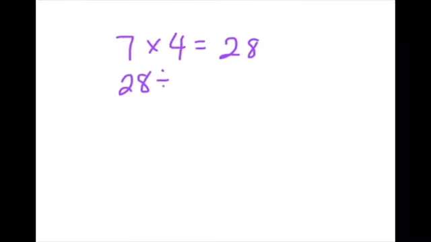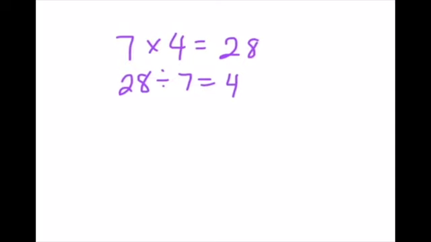So you know that for that last problem we had 7 times 4 was 28. And we did the inverse operation by doing 28 divided by 7 is 4. What are some other ways that we could rewrite that problem, though?